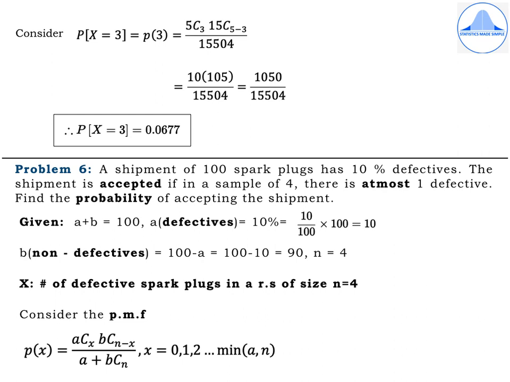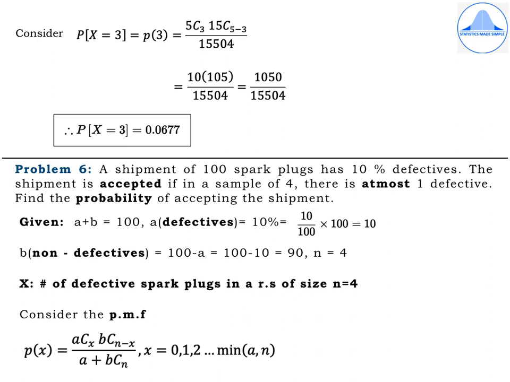So you'll get 5C3 times 15C(5 minus 3) divided by 15,504, which is equal to 10 into 105 divided by 15,504, which is equal to 1050 by 15,504.